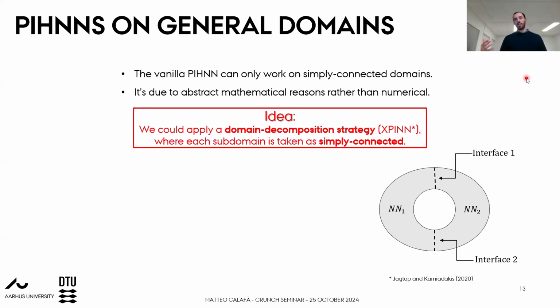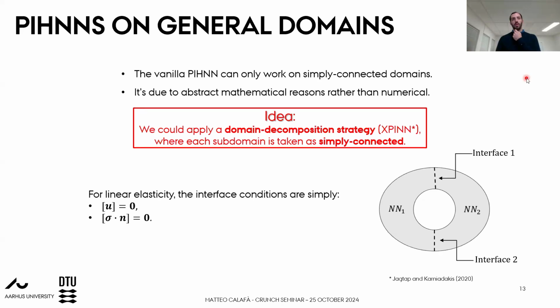They solve the problem independently, but we also want them to communicate. Therefore, we make them communicate through the interfaces, which are essentially the borders between the two subdomains. There are some specific properties and equations that are applied on the interfaces. For linear elasticity, this is relatively simple, since one has to apply these conditions: the discontinuity of the displacement must be equal to 0, and the discontinuity of the normal stress must be equal to 0.